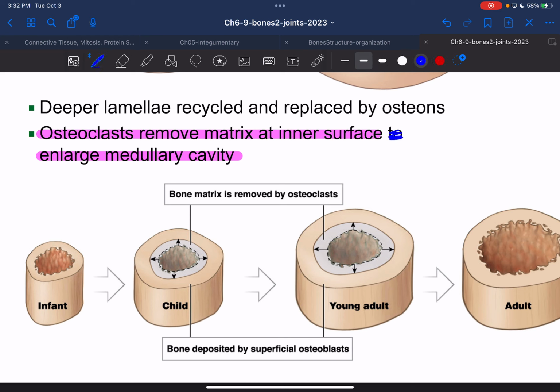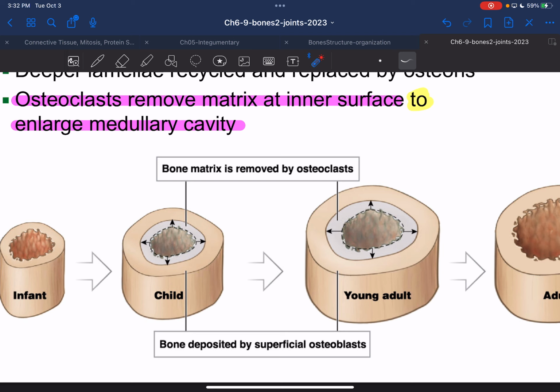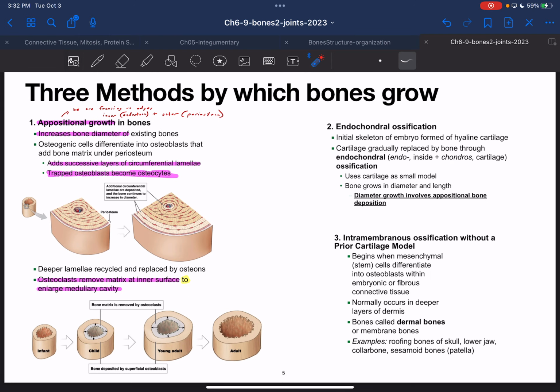Sorry. And so when we say bone matrix is being removed, we know the stars of the show there. When we say bone is being deposited or built or some sort of making more, osteoblast. All right, and so that's the first one.